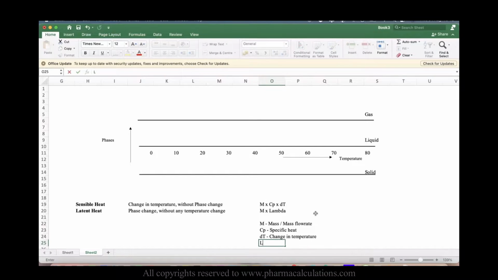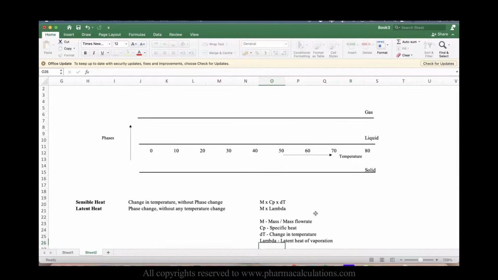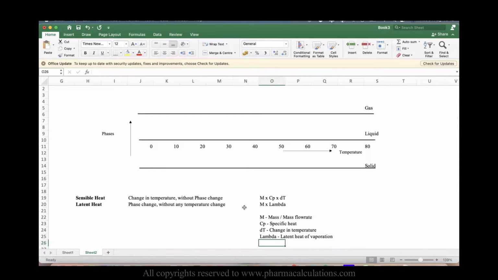And lambda refers to latent heat of evaporation. So these are the basic things we'll be using to estimate the sensible heat as well as the latent heat.